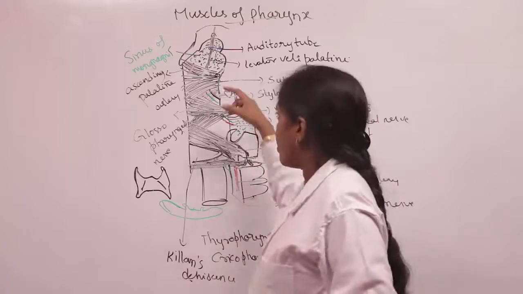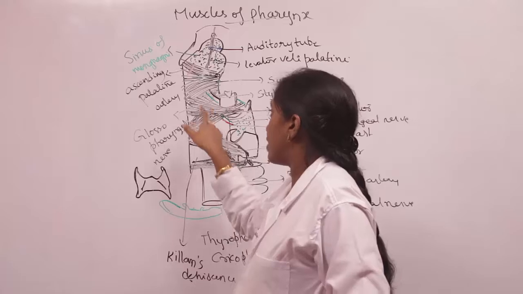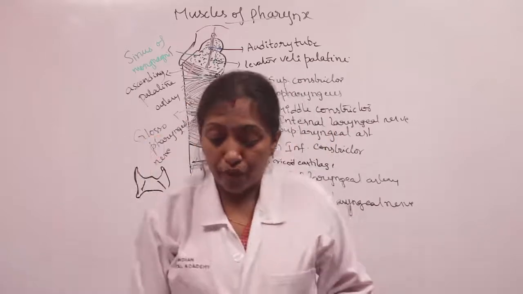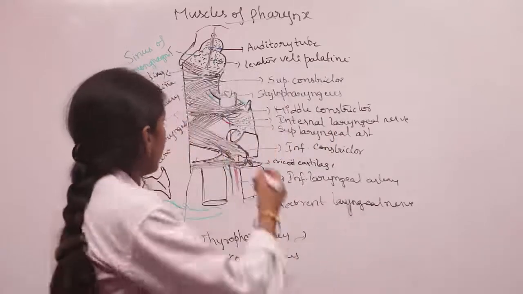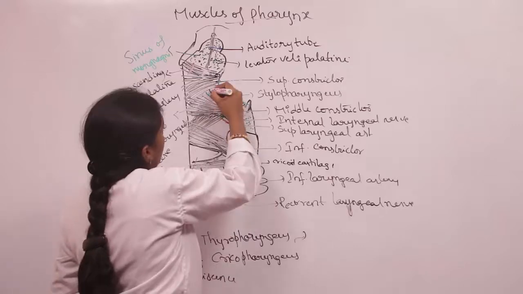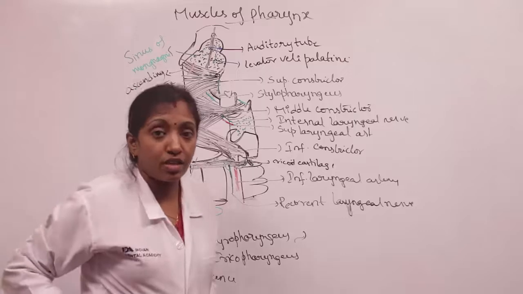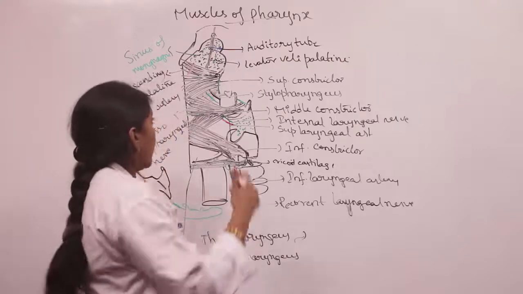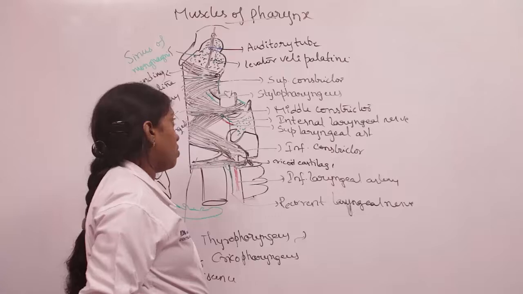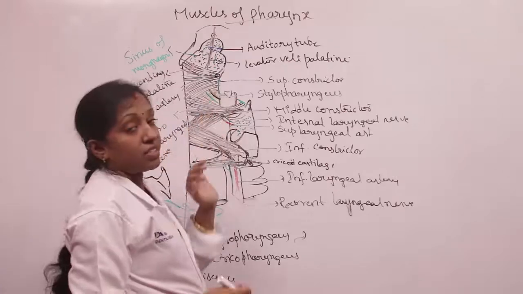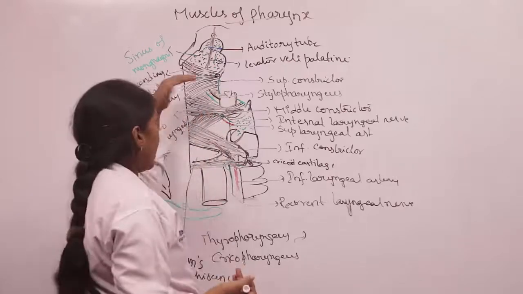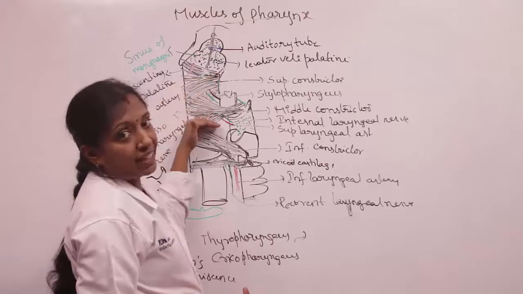And coming to the structures passing between the middle constrictor and superior constrictor. One important structure is the stylopharyngeus muscle. The stylopharyngeus muscle is the longitudinal muscle of the pharynx, and next is the glossopharyngeal nerve. So the glossopharyngeal nerve and stylopharyngeus muscle pass in between the superior constrictor and middle constrictor.